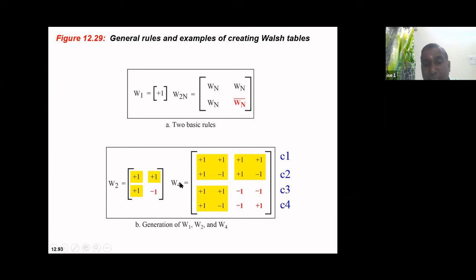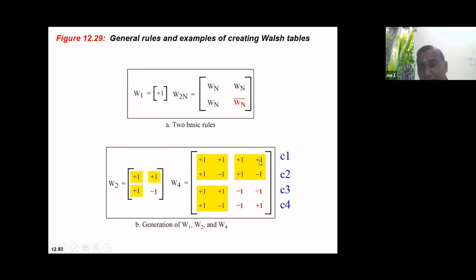If 4 stations are there, 4 can be written as 2 into 2, so here I should have W2. W2 is +1 +1 +1 -1. So this is +1 +1 +1 -1, and it is again W2, then W2 and the reverse of that.